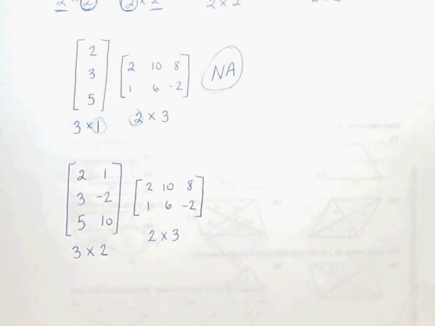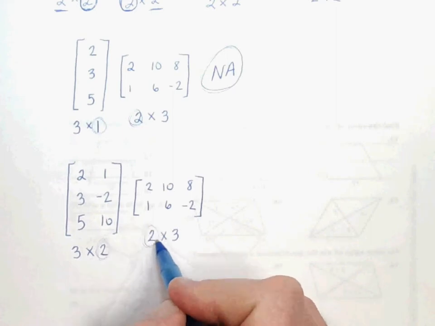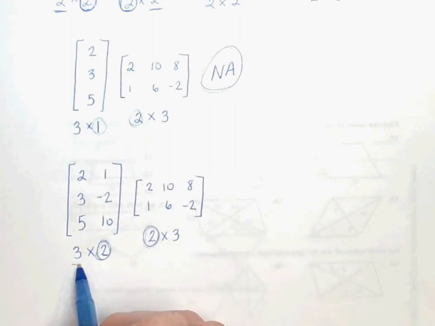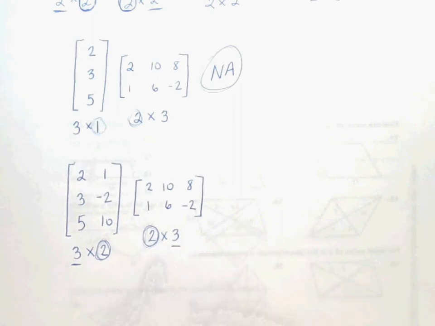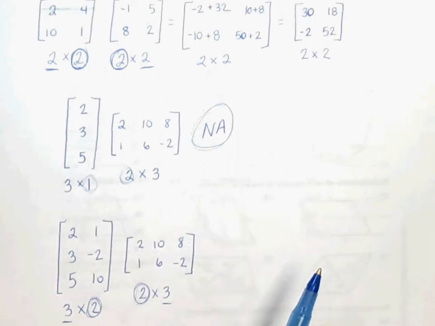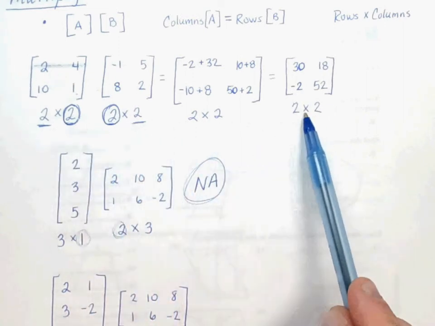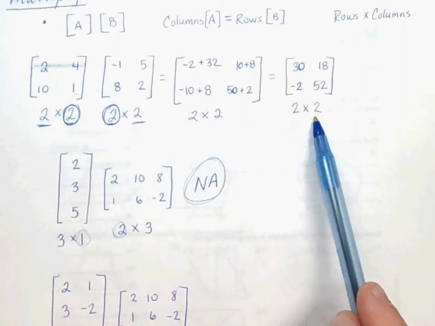Alright? So here we go. We got to check the inside numbers. This one's a 2 and this one's a 2. Do they match? Yes. So we know that we can multiply them together. Right? So now let's look at our outside numbers. 3 and a 3. Remember the outside numbers, like up here in our other example, the outside numbers give us the dimensions of our answer matrix.